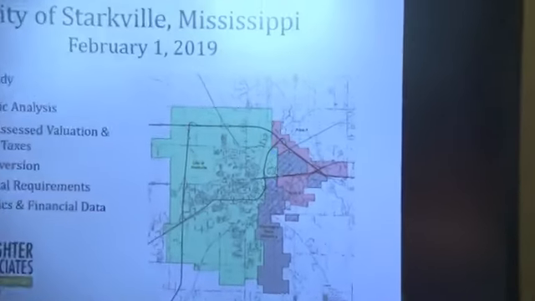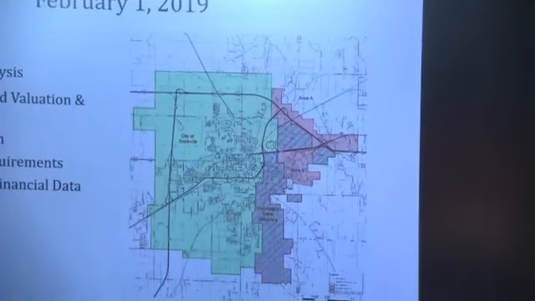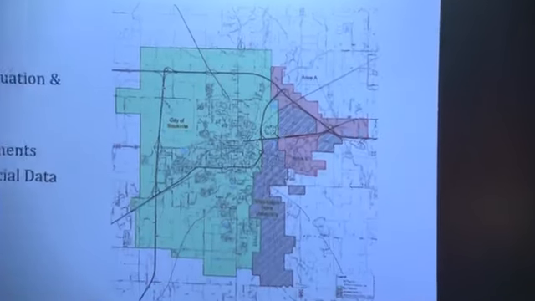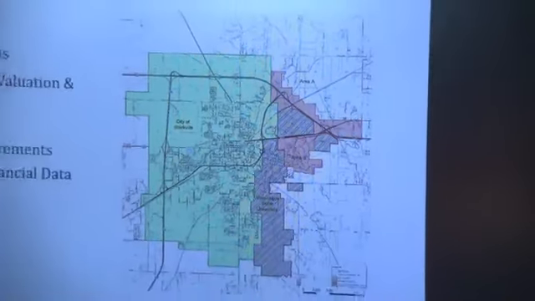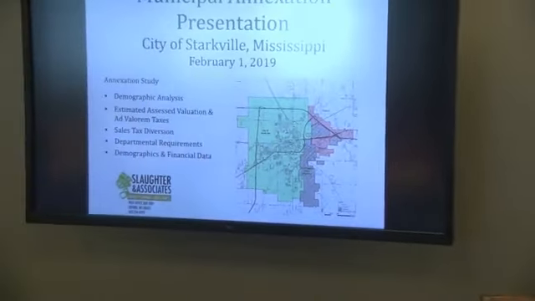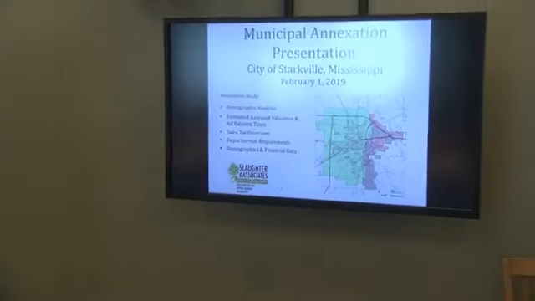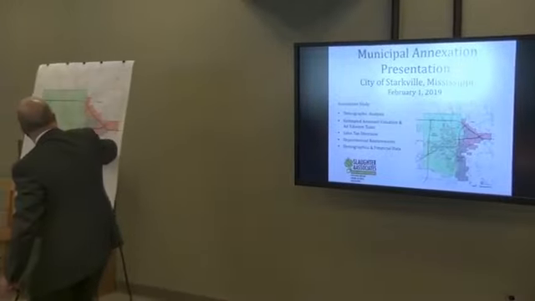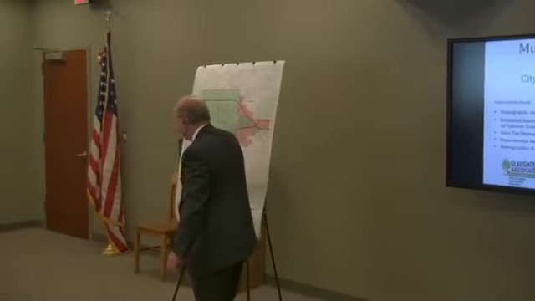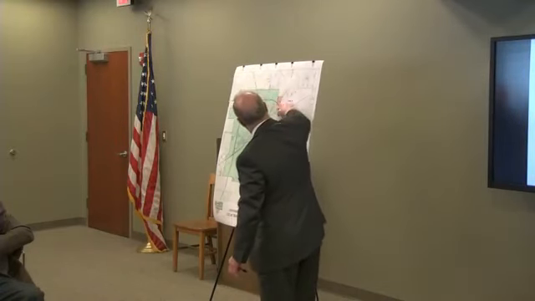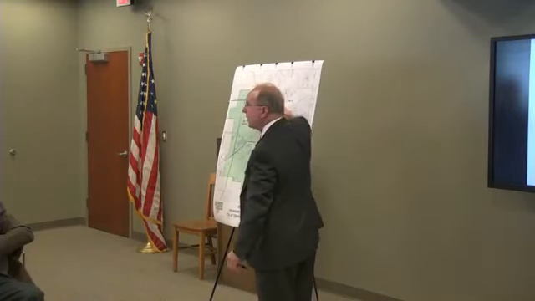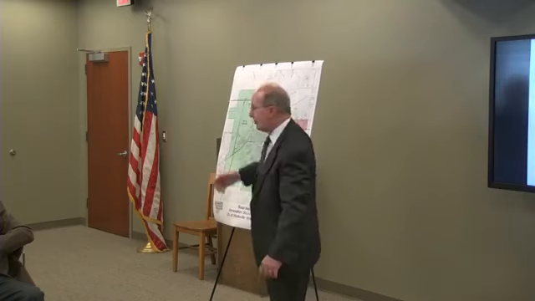I'm going to flip to the next map, but I want you to see this relative to the entire city first, and then I'll zoom in. If you'll recall quickly, we had some areas here we were studying, just a small area to the north. Here we were studying, and this area was coming on down and wrapping around. And at the last meeting, we were requested to study Area A and B together, and then Area A alone, and that's what I'm going to present to you.